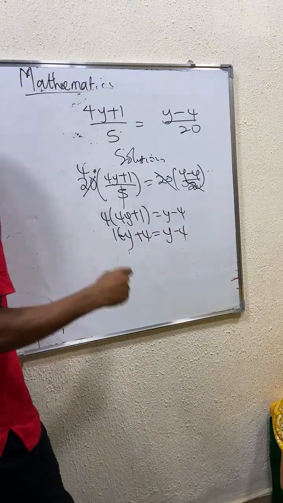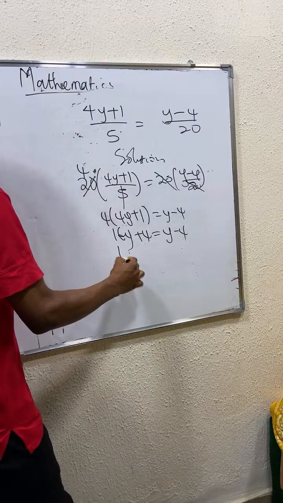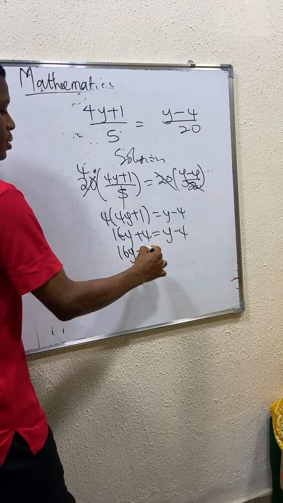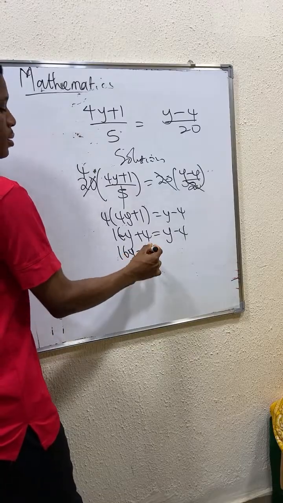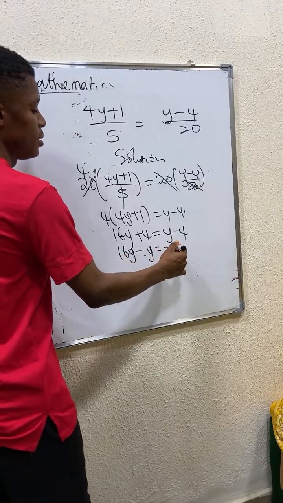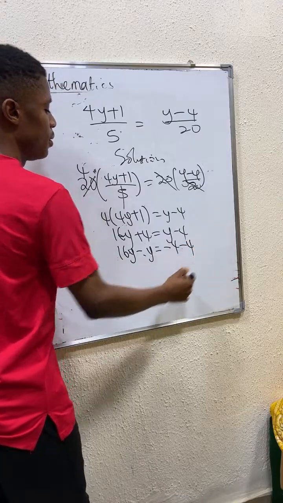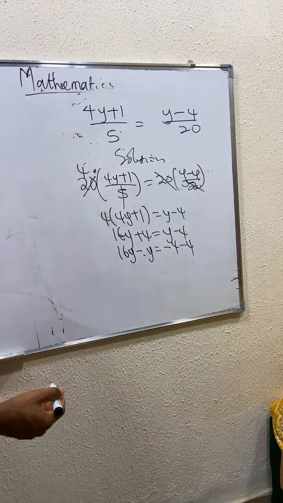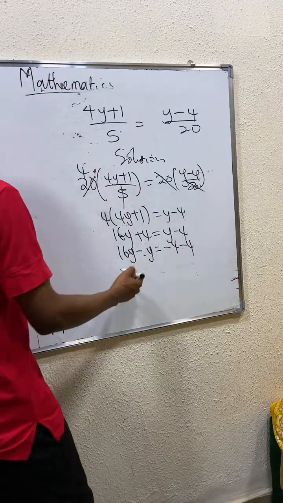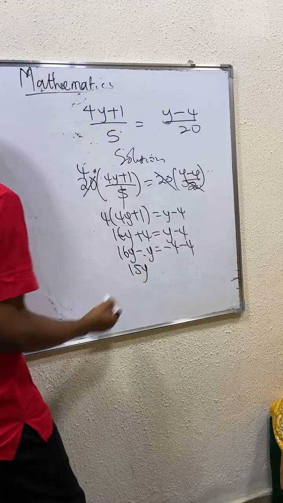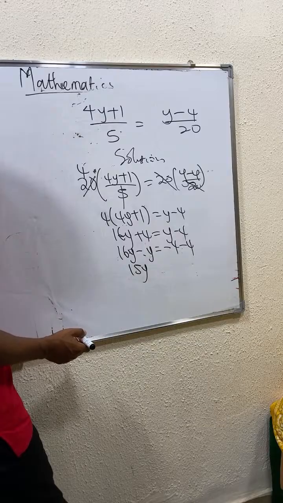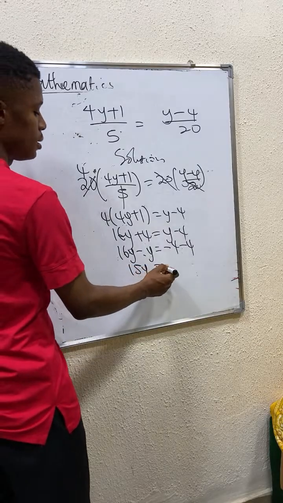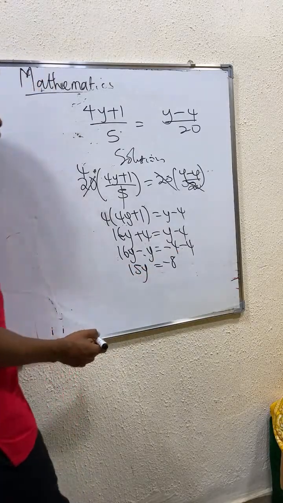So here you have 16y minus y equals minus 4 minus 4, right? Yes. 16y minus y is 15y, and that equals minus 8, right?